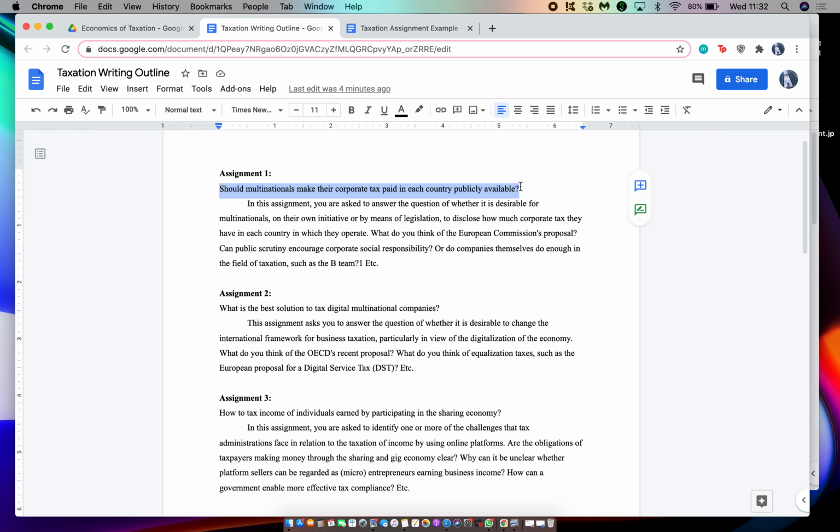So I would recommend making it a bit more specific in order for you to actually answer the question, argue it with relevant literature, and then be able to fit it within the maximum word limit. So that's another thing I would recommend.